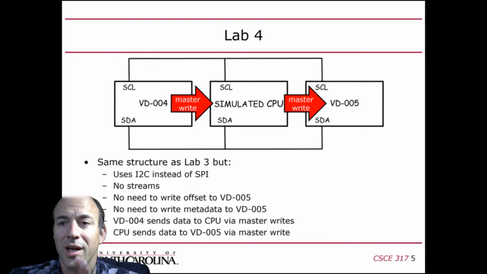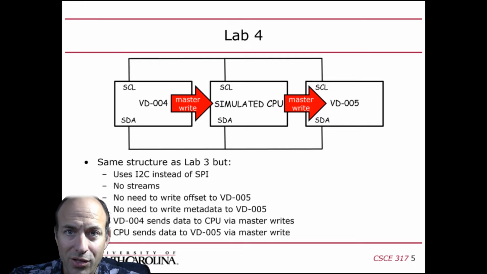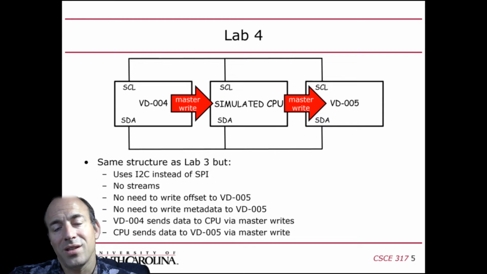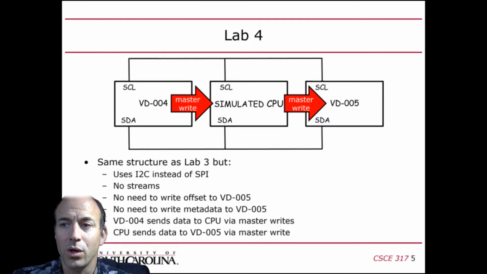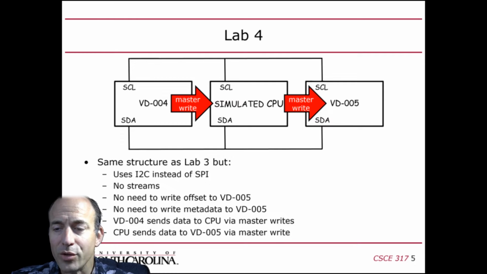So the sensor will be the master writing a sensor reading to the CPU, and then the CPU will become a master writing that sensor value to the storage device, to the flash memory. So this way the CPU gets to act in both the slave and the master role.